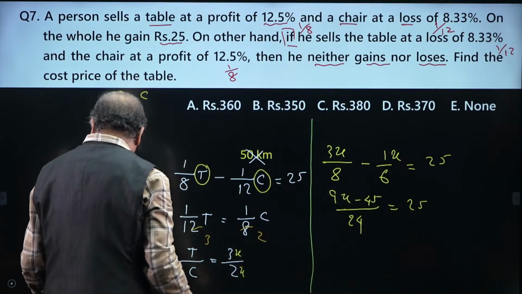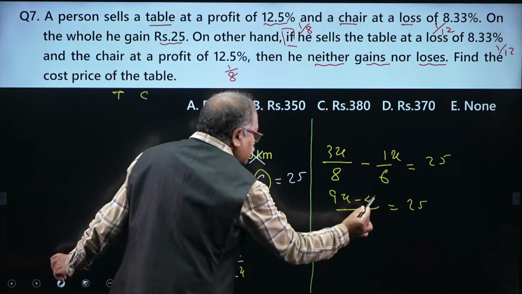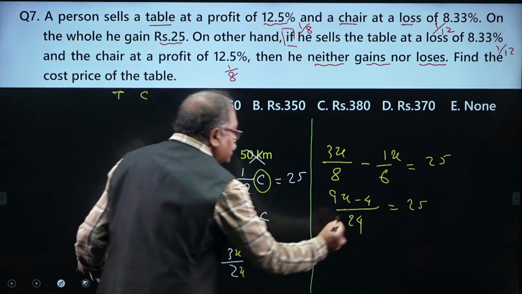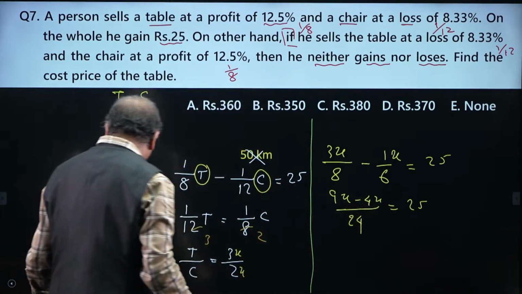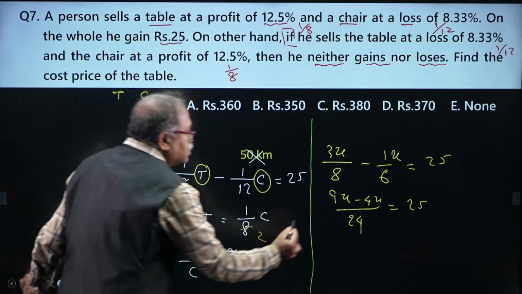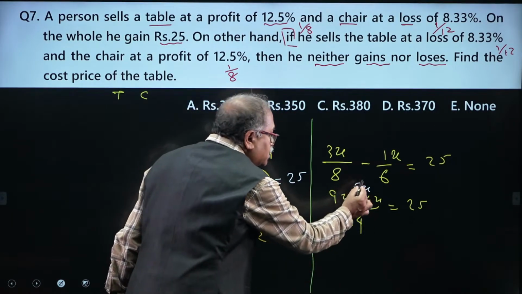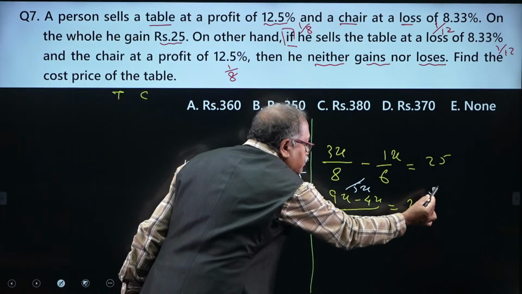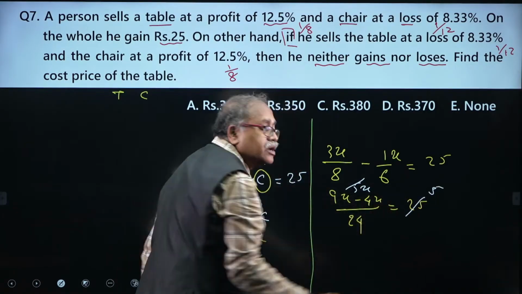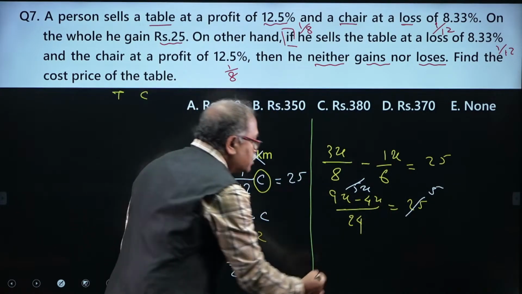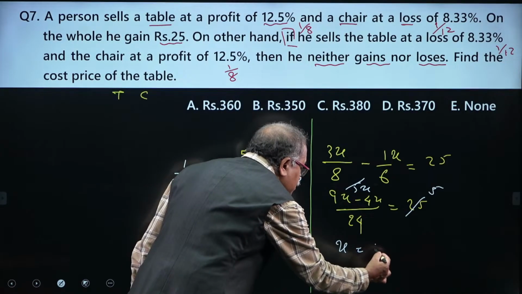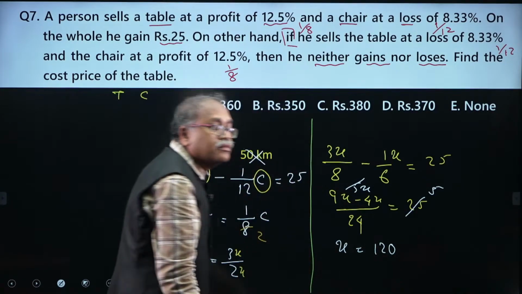Let me correct this one. It is not 45, this is x. So, what is the difference? The difference is 5x. So, cancel this over here. This is 5 times. So, 24 into 5, that is 120. Therefore, I can say that x is equal to 120.